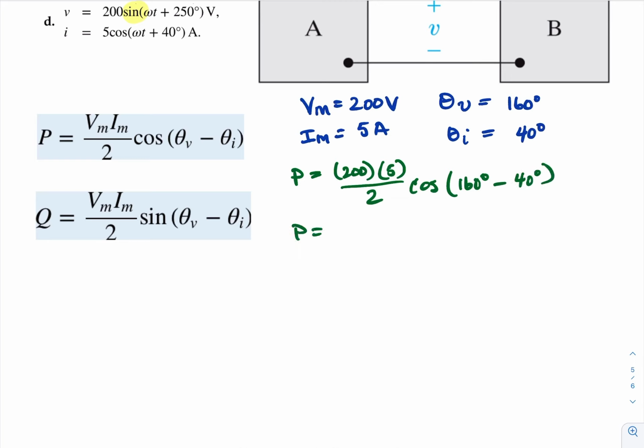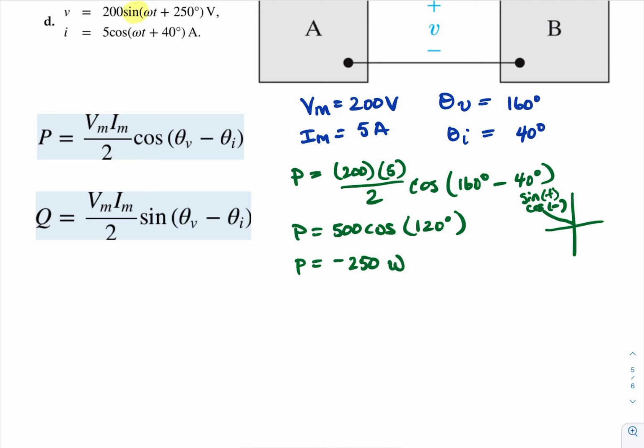So P is equal to 500 cosine 120 degrees. Let's just take a quick look at that. 120 degrees would bring us in here, so sine would be positive and cosine would be negative. So we should expect a negative number here. So P is equal to minus 250 watts.